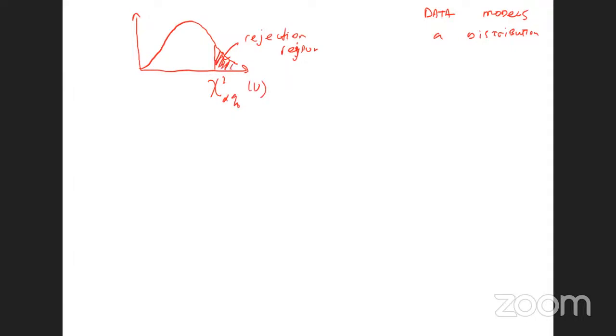The first thing we need to remember is how to get the value from the table. So let's say we have chi-squared, 4 degrees of freedom, 5% significance level. You have to go to a table, and anybody could just check the table that I sent back in the group.